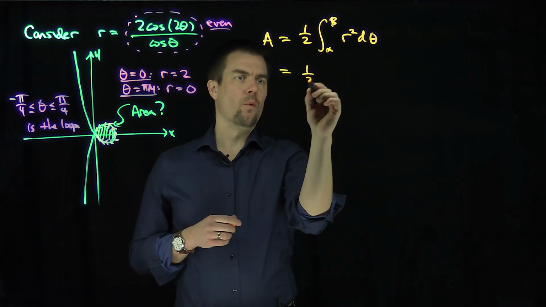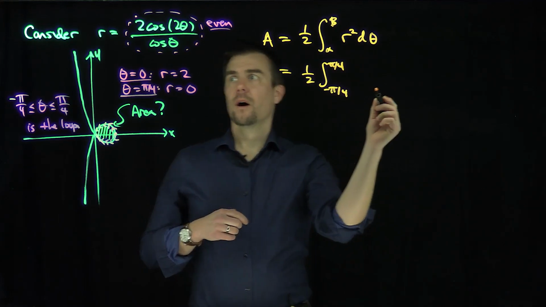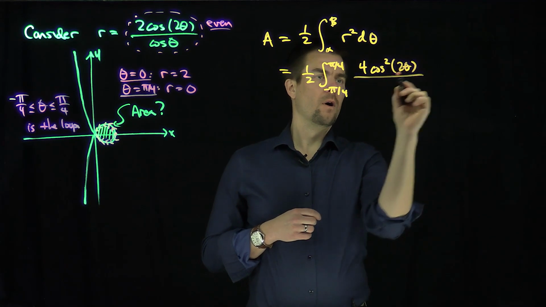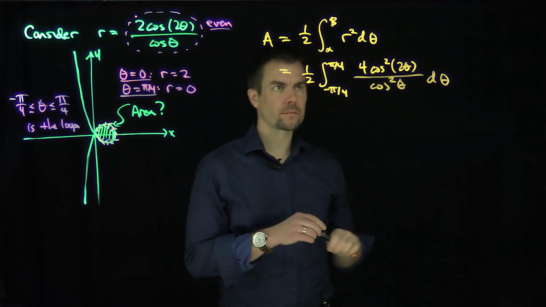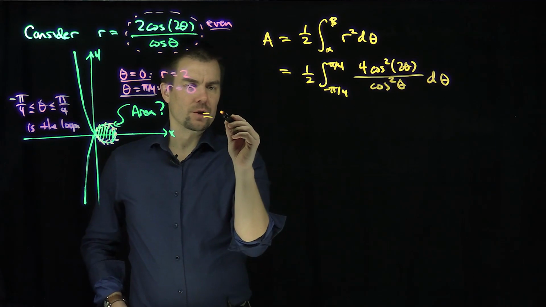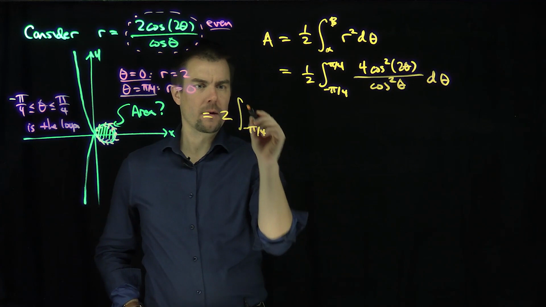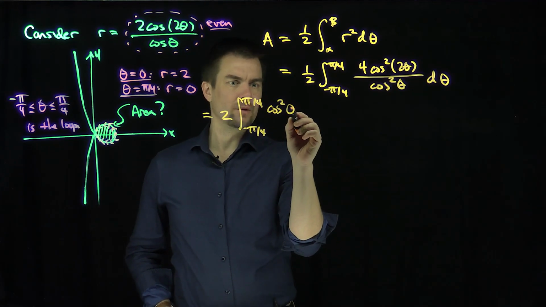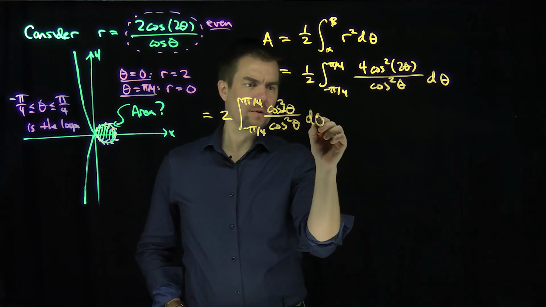So we're going to have 1/2 the integral from negative pi over 4 to pi over 4 of 4 cosine squared of 2 theta over cosine squared of theta d theta. I'm going to pull out that 4 and write this as 2 times the integral from negative pi over 4 to pi over 4 of cosine squared of 2 theta over cosine squared of theta d theta.